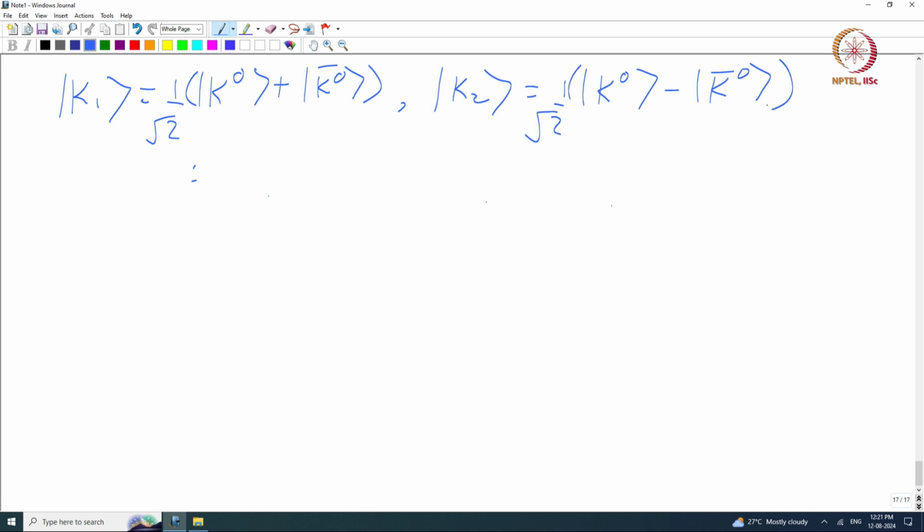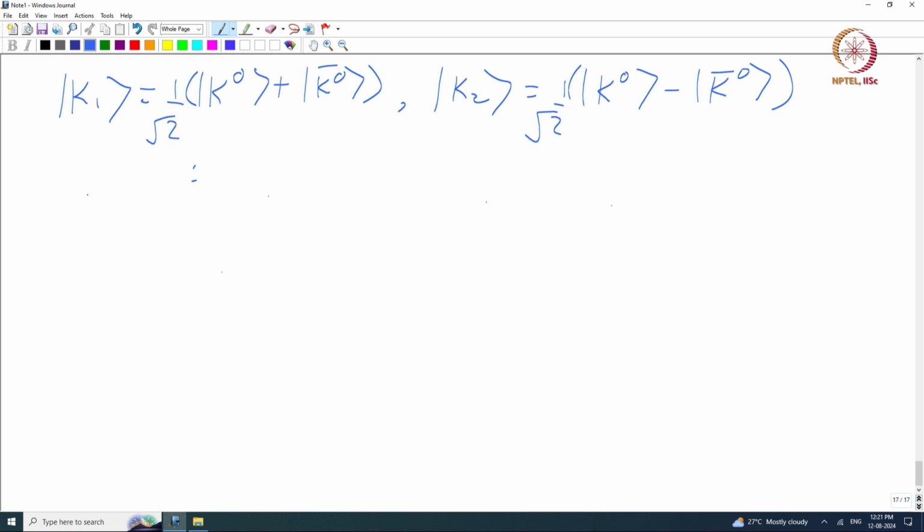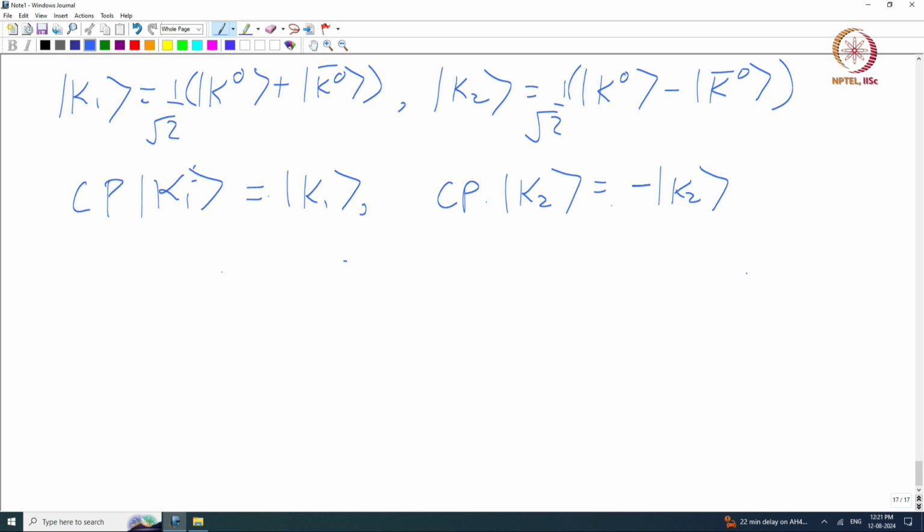Then I go back and check the CP properties, I just apply it here, and I get that CP applied on K1 gives me back K1, and CP applied to the K2 state gives me K2 but with a minus sign.